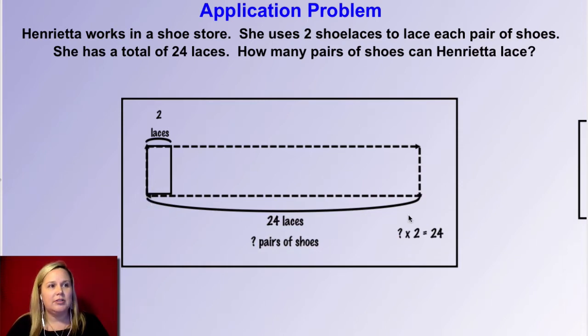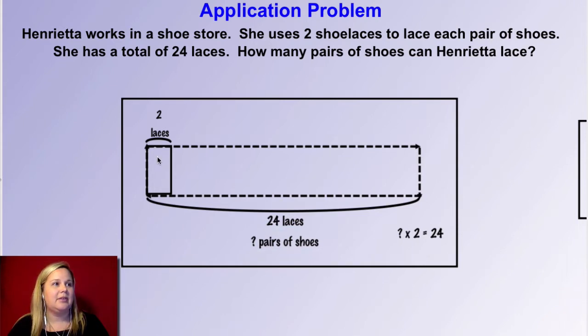The total is 24 laces, and I'm trying to figure out the number of pairs of shoes she has. So I'm going to use multiplication to solve this. I have blank times 2 equals 24, because 24 is my total and 2 is how many are in each group. But now I need to find out that question mark, the number of groups I'm going to be able to use. So I'm going to skip count as I break apart this tape diagram.